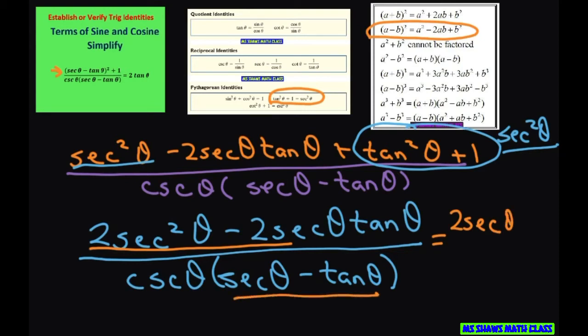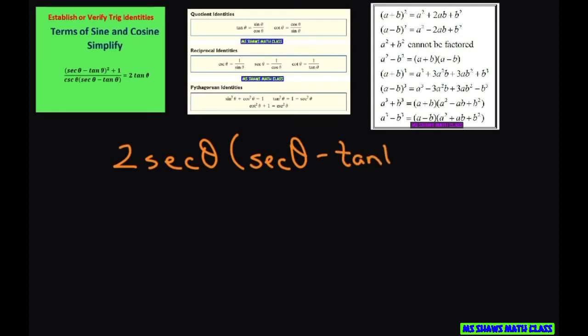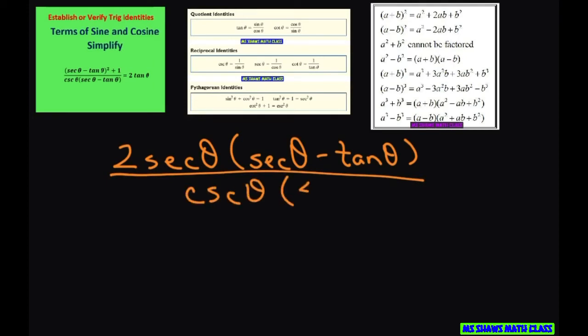So we're going to get 2 secant theta times secant theta minus tan theta, and then we have cosecant theta times secant theta minus tan theta. So simple enough so far. This cancels out. However, it still does not look like our goal.